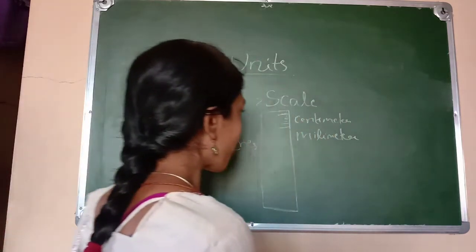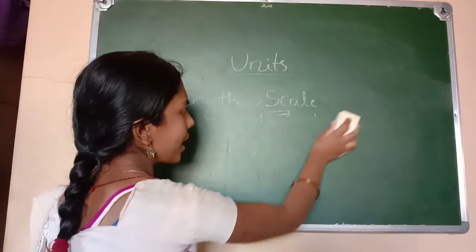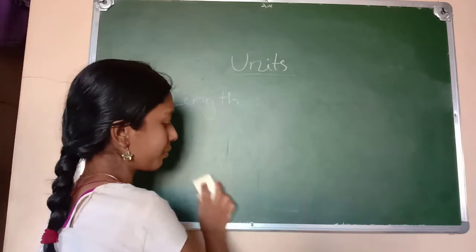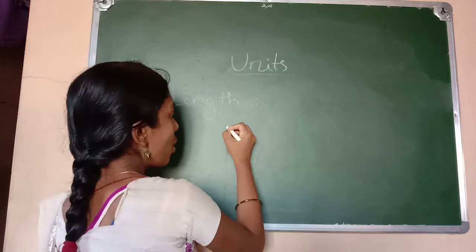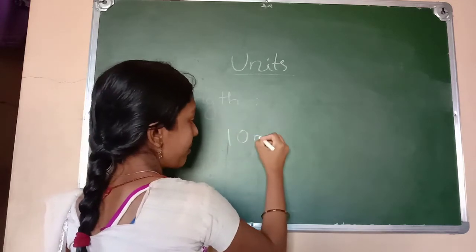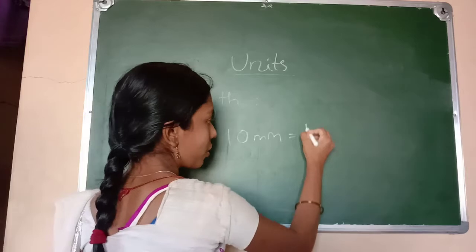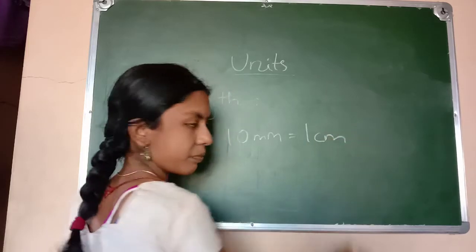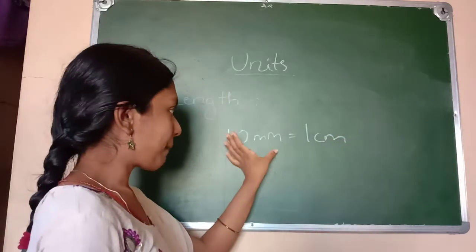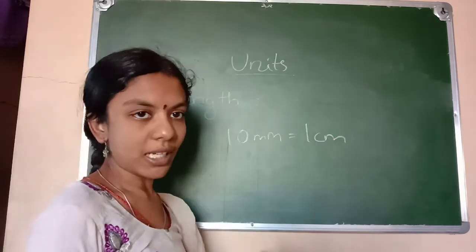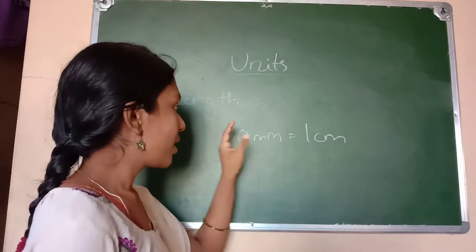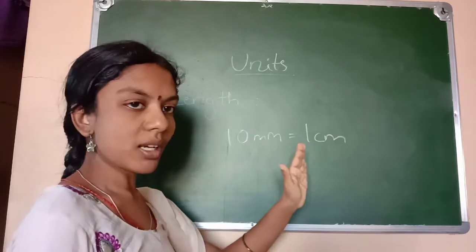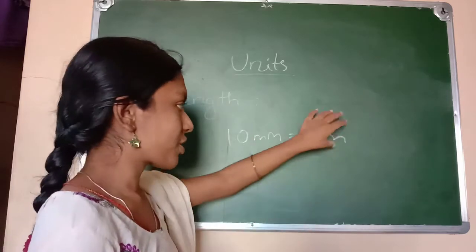So what is the difference between a centimeter and a millimeter, for example? 10 millimeters is equal to 1 centimeter. I hope you understand. 10 millimeters is equal to 1 centimeter. So the smaller lines in the scale are of millimeters and the larger lines at specific intervals are of centimeters.